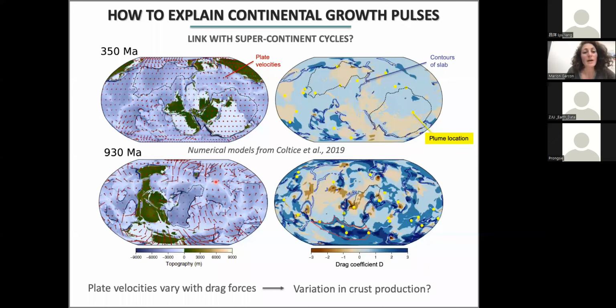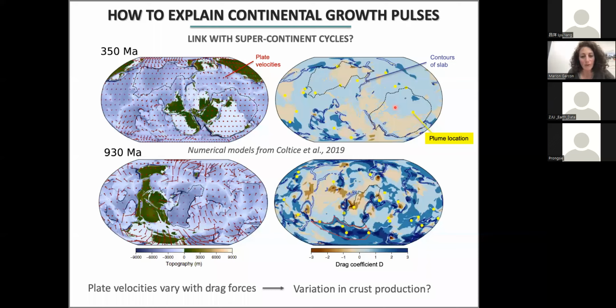There are periods of time during which the plate velocity is very slow, shown by the small arrows everywhere on the Earth, and associated with a very low number of subduction zones, while in other periods there is an acceleration in the plate velocities because the drag forces are changing. And then you have more subduction zones.